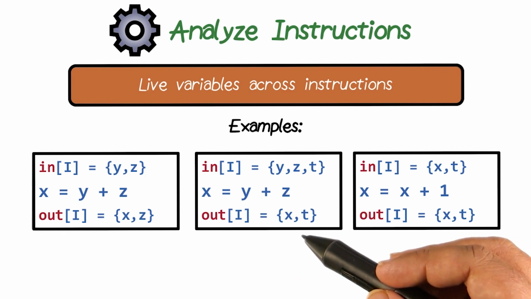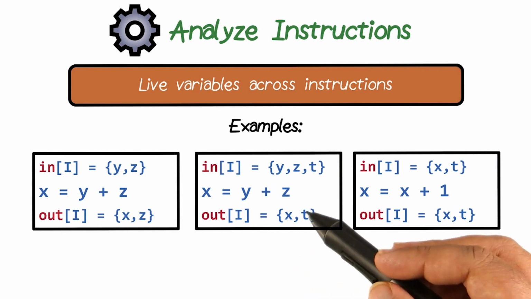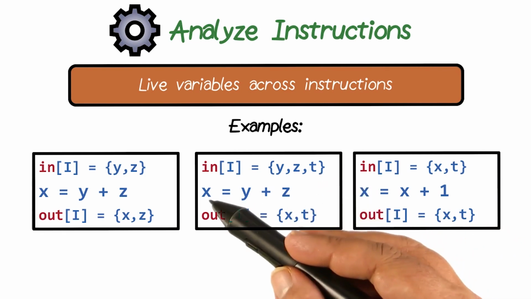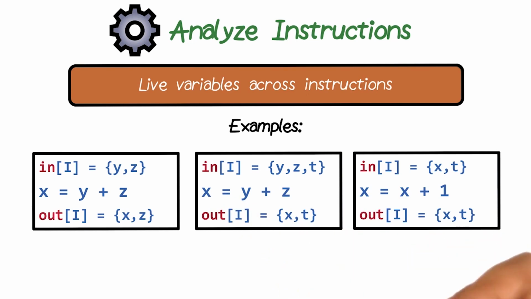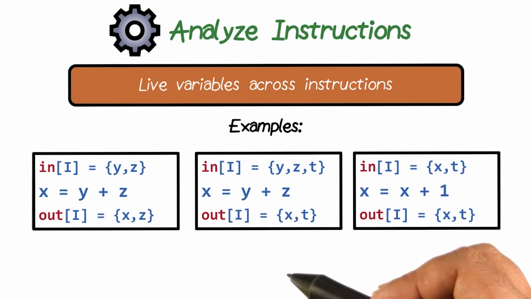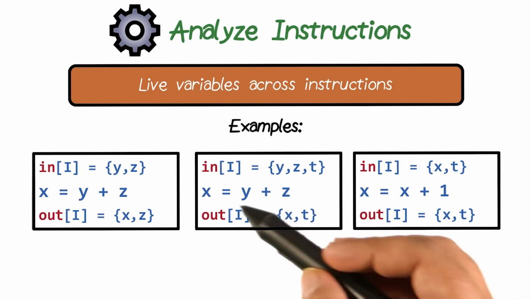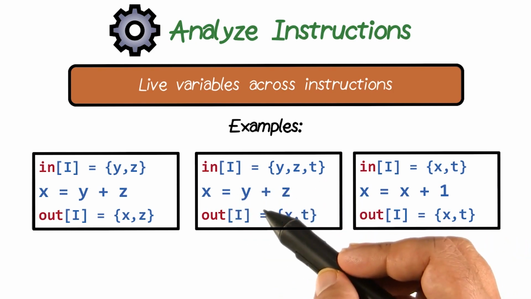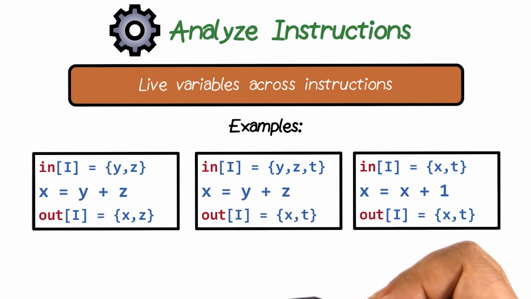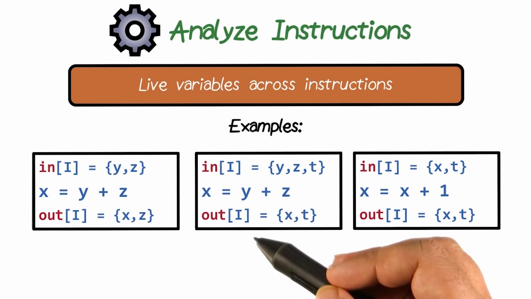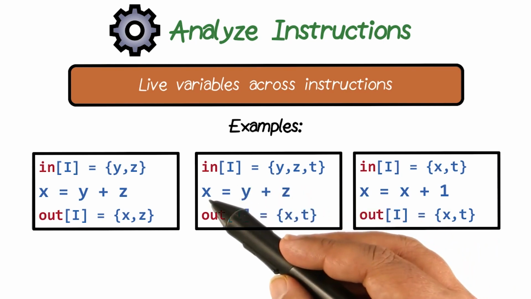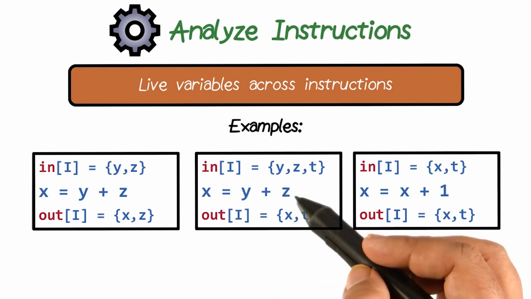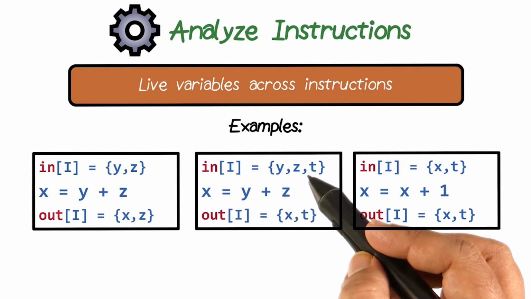So in short, something which was live continues to be live provided it is not getting redefined, such as t. Something which was not live becomes live provided there is a use point in that particular instruction, such as y and z. And something which was live ceases to be live provided there is a redefinition of it, such as x, so it doesn't remain live at the top point.